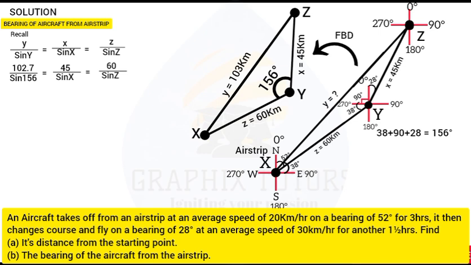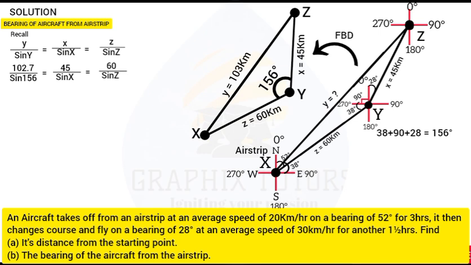Since we are looking for the bearing of the aircraft from the airstrip, and we know the airstrip is point X, I'm going to take 45 over sine X, and also one of the two remaining parts. It can be 102.7 divided by sine 156 or 60 all over sine Z.